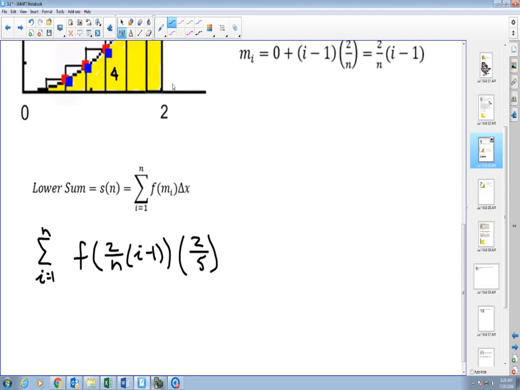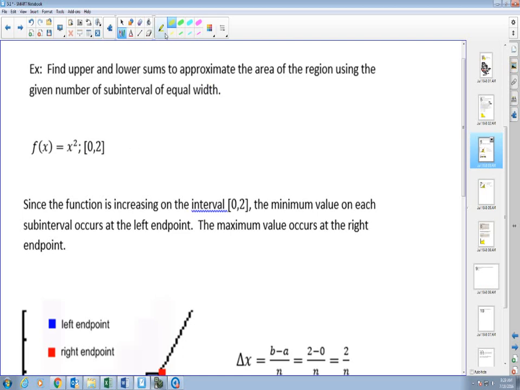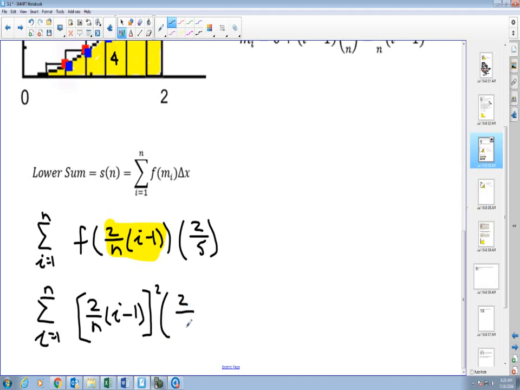I'm going to substitute this into my function to evaluate all the heights. The function is x squared, so that will be the sum from 1 through n of x, this is my x, I'm going to substitute, squared, times the width, 2 over 5.